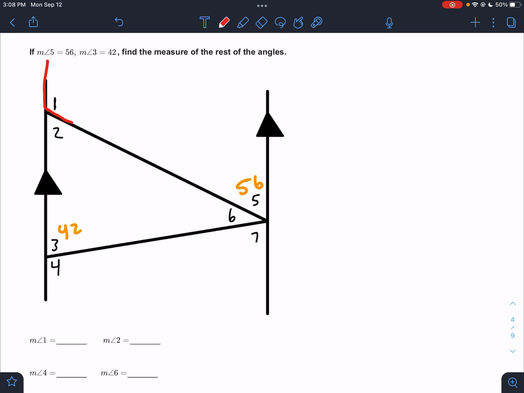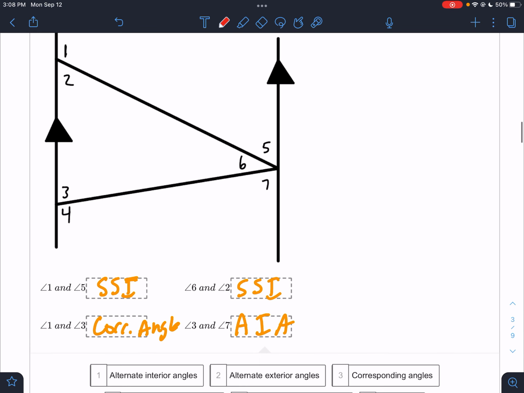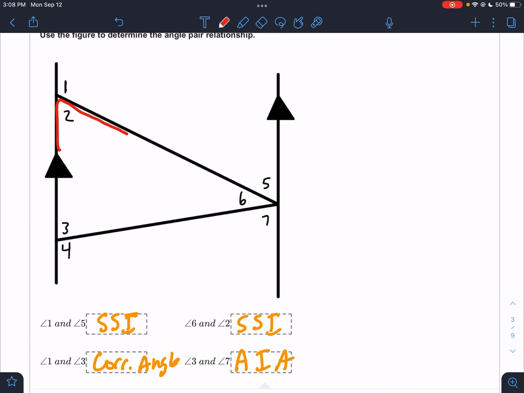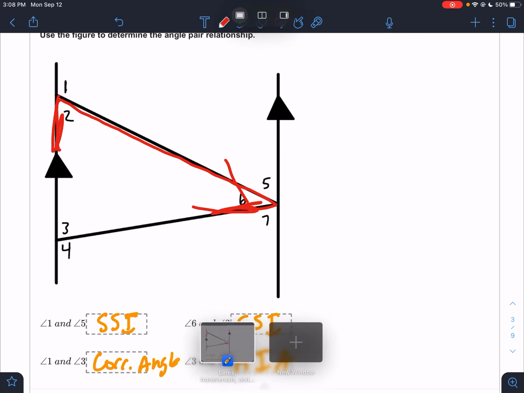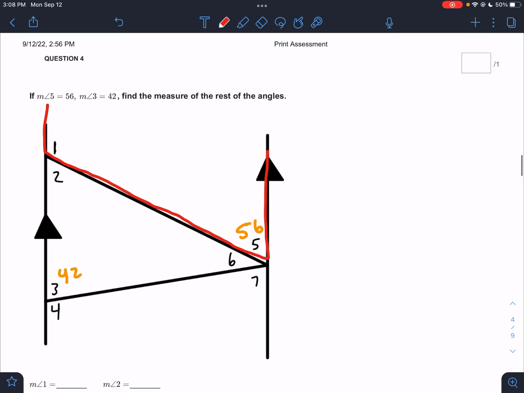Like if I look here, angle 1 and 5, those are same side interior angles. Now remember, the lines have to be parallel. So like 6 and 2, if I look at 6 and 2, these two lines are not parallel. There's no properties for 6 and 2, at least not parallel line properties. But 1 and 5 are same side interior, and they have parallel line properties. So 180 minus 56 is going to be 124 degrees.